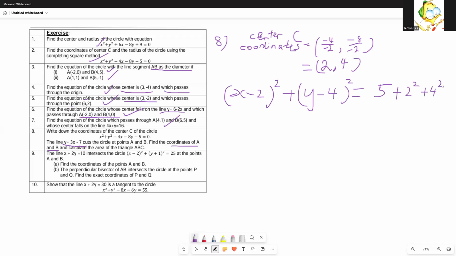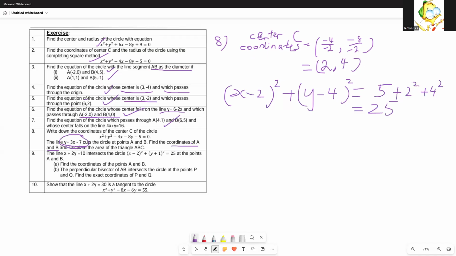Some of you might say, sure, it should be negative, but you don't really need to worry so much. So basically that will be, of course, 16, that will be 25. So the radius is actually just 5 in this situation now.